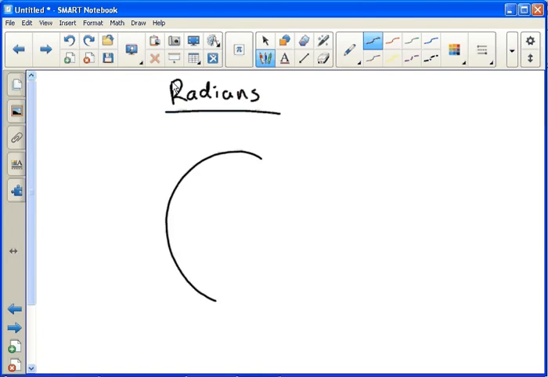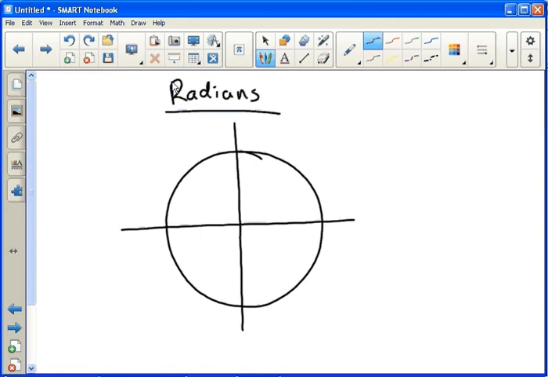So I'm going to try to draw a decent circle here. That's all right. And the idea here is that it's called the unit circle because uni means 1. This is a circle with a radius of 1.